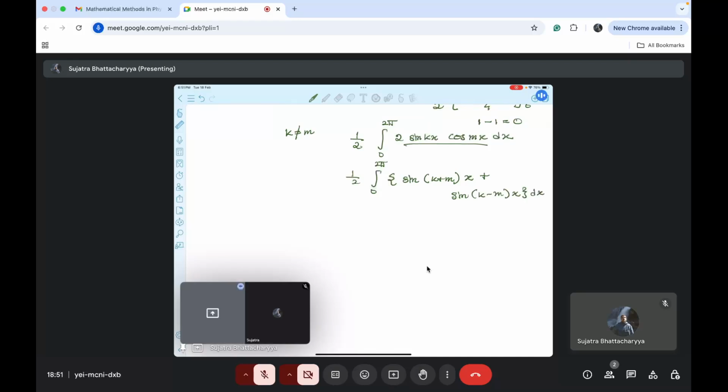So sine of anything from 0 to 2 pi will always be 0. So it will be half times 0, which is equal to 0.